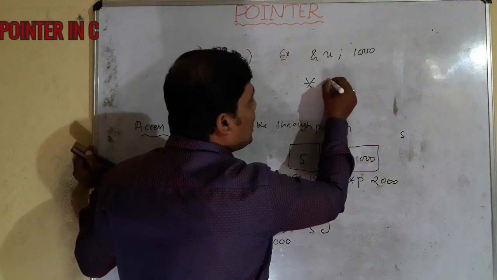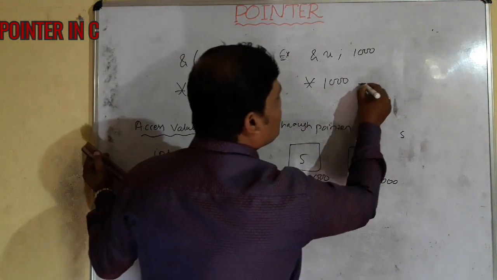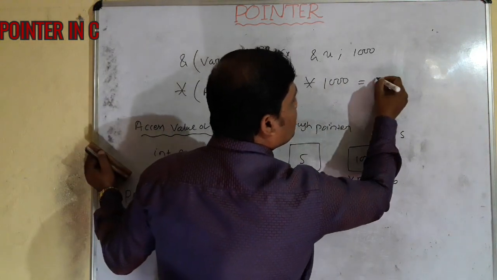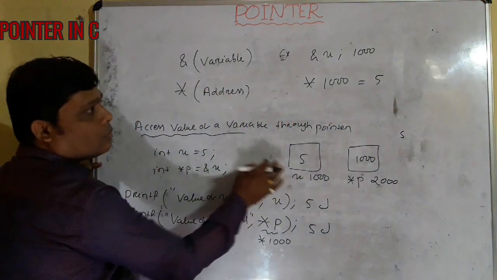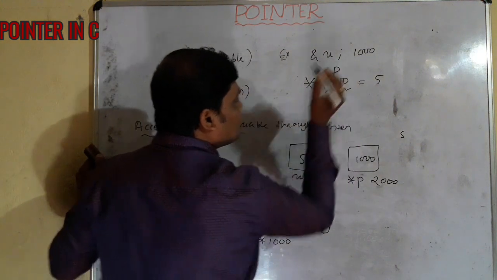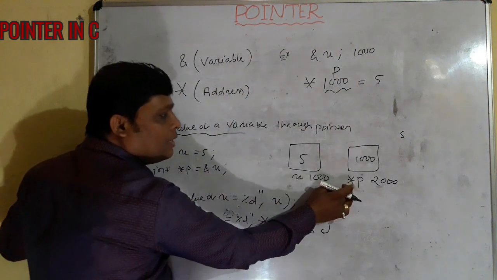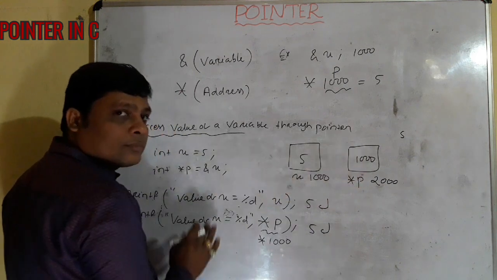So suppose *1000, then it will give what? This is 5 for this example. So for 1000 I am taking p, because in p we have stored the address of x, that is 1000. Clear?